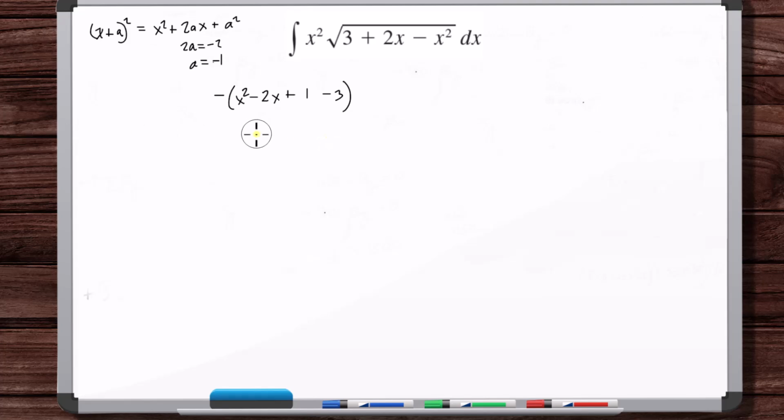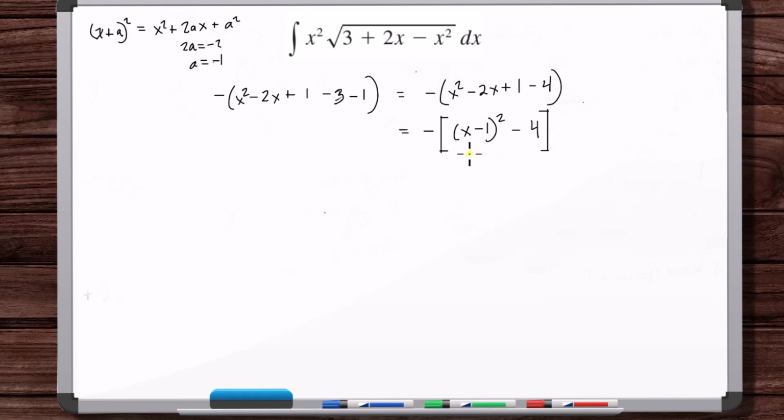So that we don't change the equation, we need to put minus 1, like that. And so this is x squared minus 2x plus 1 minus 4. So then we've got x minus 1 squared minus 4.